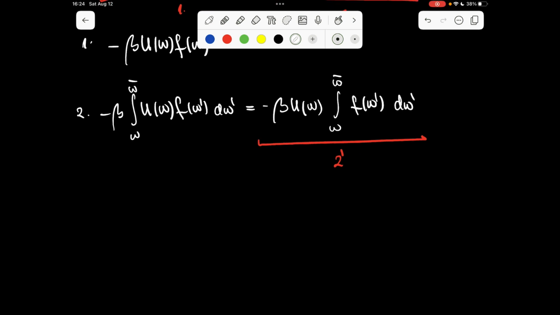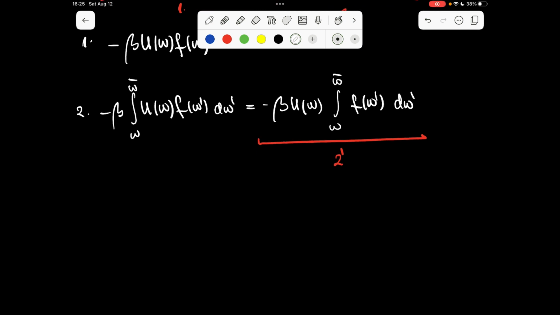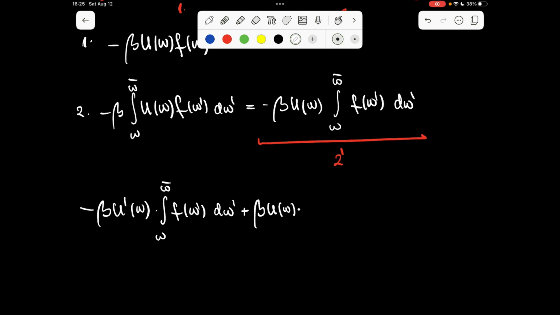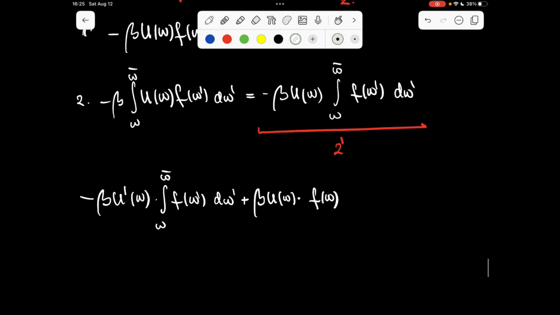And we need to derivate section 2 prime with respect to w, which is simple because we derivate the first part and use the second part with no change, following the basic rules of derivation. And then we don't do anything with the first part and derivate the integral with respect to the lower bound.